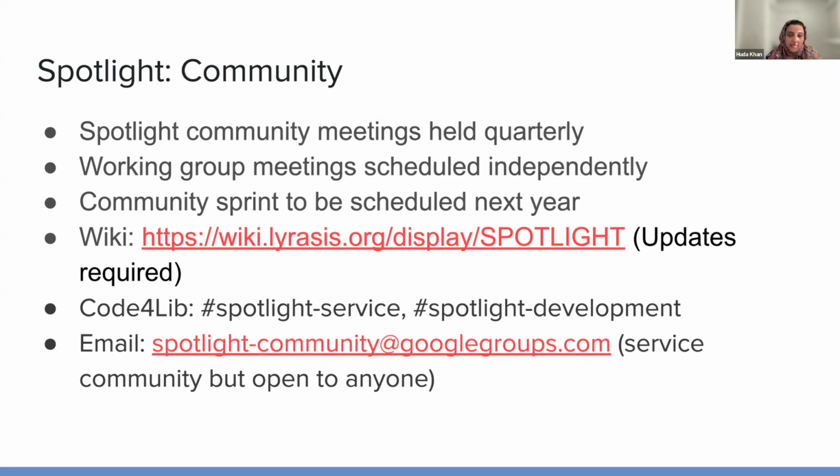In the meantime, there are 2 different Slack channels, the Spotlight Service one, which is focused more around the service community, product owners, et cetera, and Spotlight Development that's meant for more development-related questions. And there is an email group, which is also more focused on service community, but is open to anyone. So there are multiple ways that people can get in touch and look at updates that are happening. So if we go to the next slide, which I think this is it.